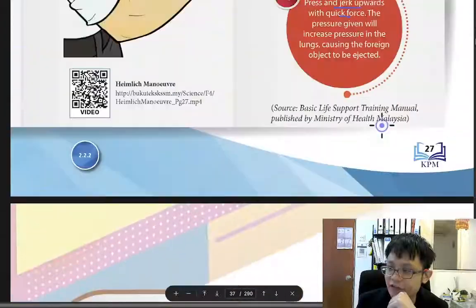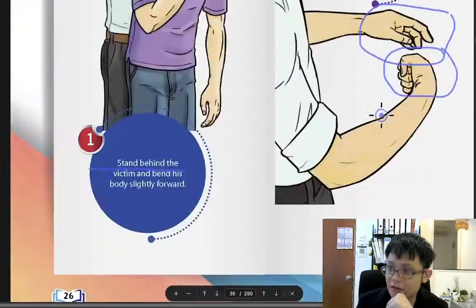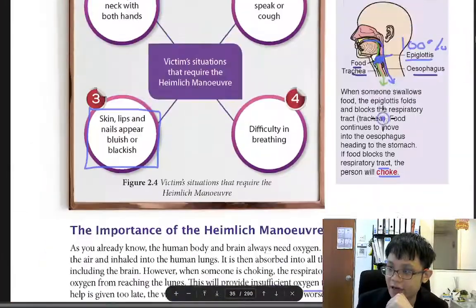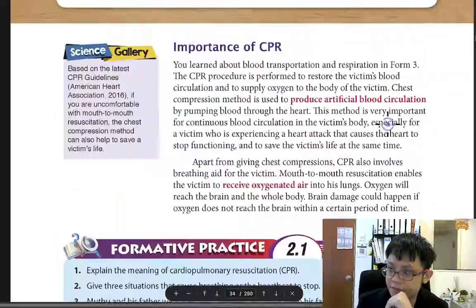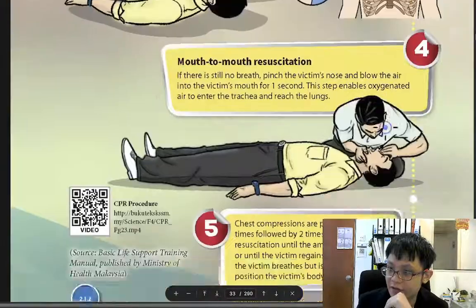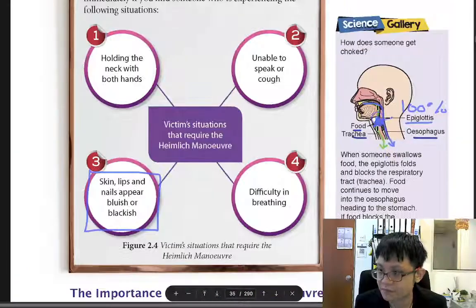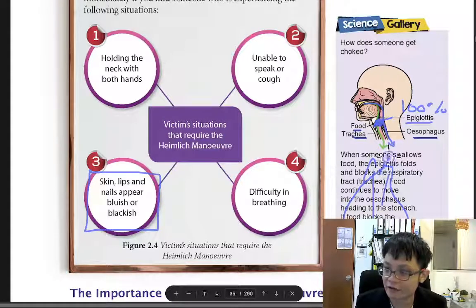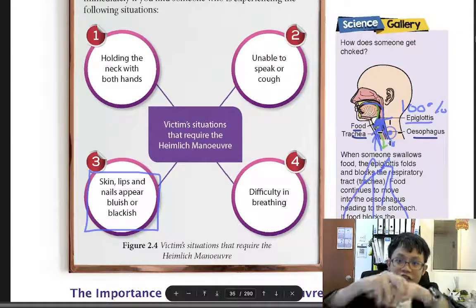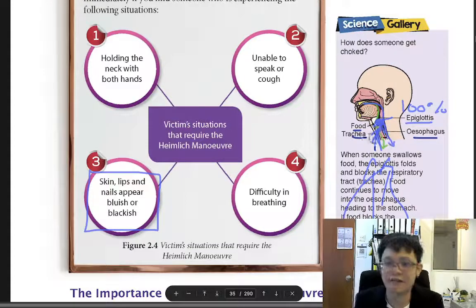The reason is when you jerk it, air comes out from here. Let's say this is your lung. I draw it big a bit. When you jerk it, the hand pushes in, the air will push the thing out. So you jerk it fast a bit.